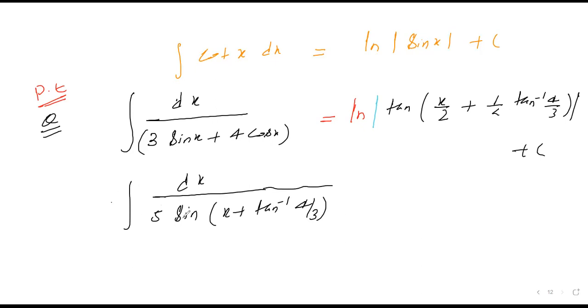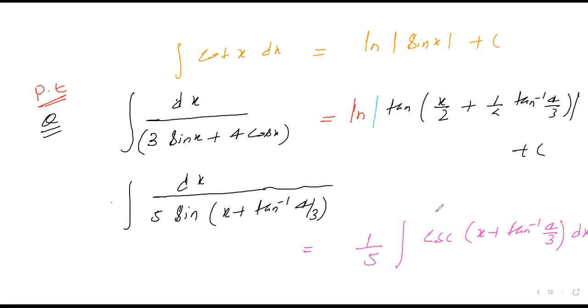So it is not my headache. You have to learn some trigonometric fundamentals to solve these identities. Now you have to take 1 divided by 5 common from the integral. So it looks like 1 divided by 5 integral cosec of x plus tangent inverse 4 divided by 3 dx.